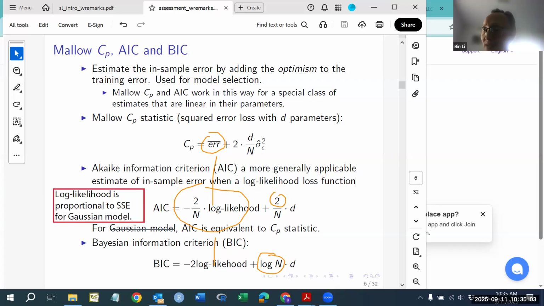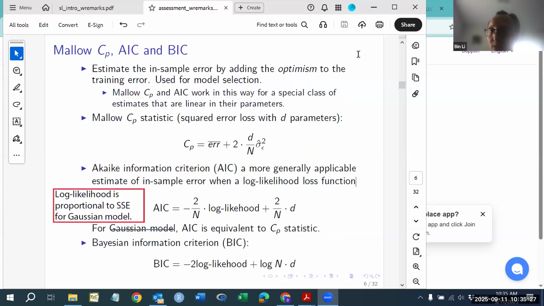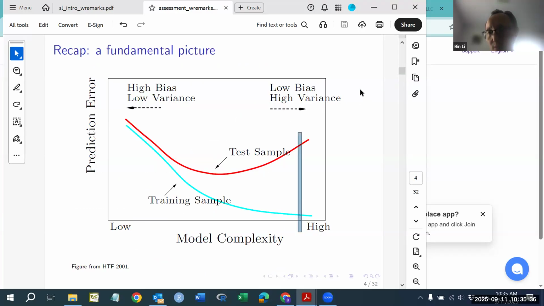But these are all based on the training set, which does not necessarily mean good. Just remember, low training error doesn't mean the model is good. It could be overfitting, right? So we need to have a penalty on the model complexity. Because if we don't have that penalty, there will be a problem. That will cause overfitting, right?